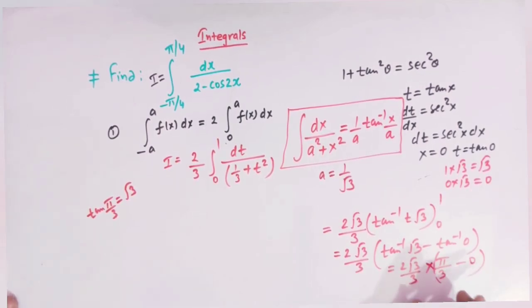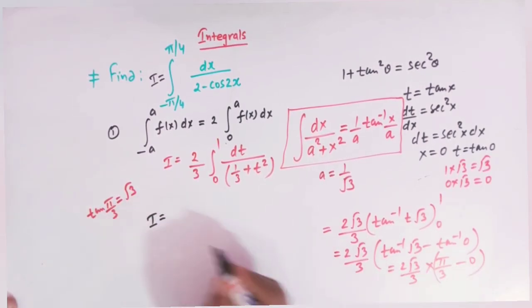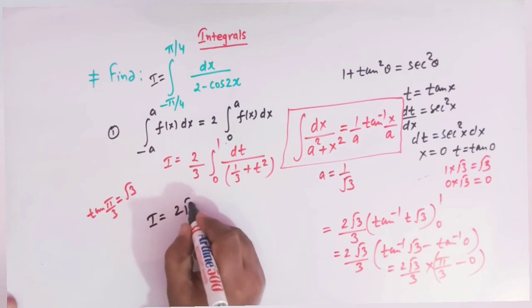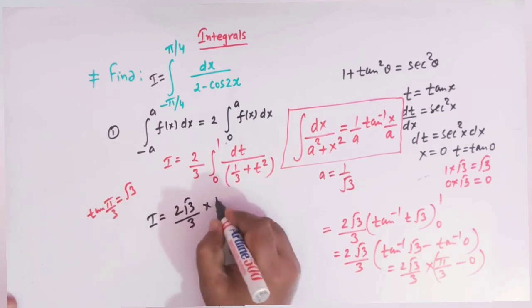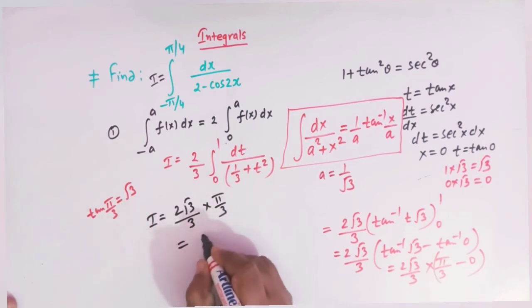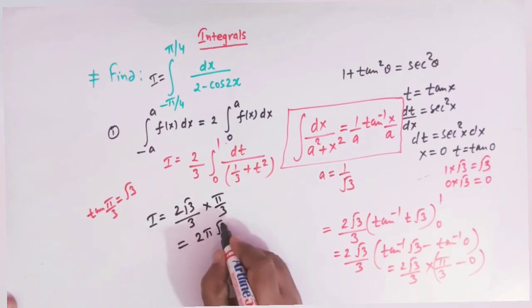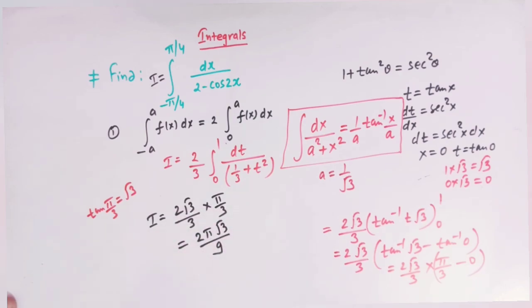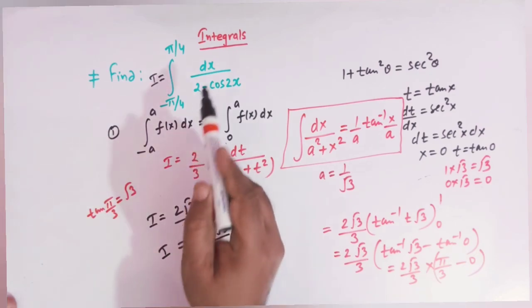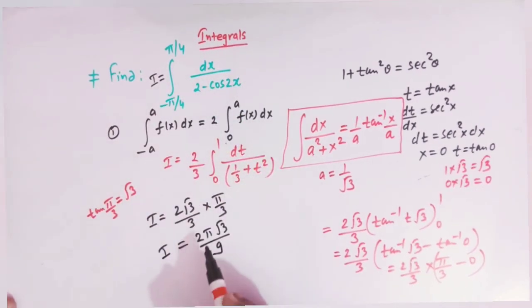So now we can further write this expression as 2 root 3 over 3 times pi by 3. So this is 2 pi root 3 over 9, right? So the value of this integral is equal to 2 pi root 3 over 9.